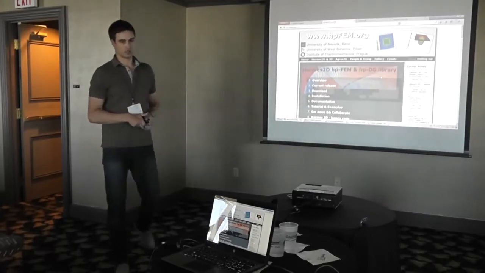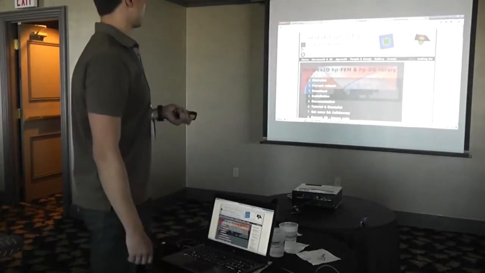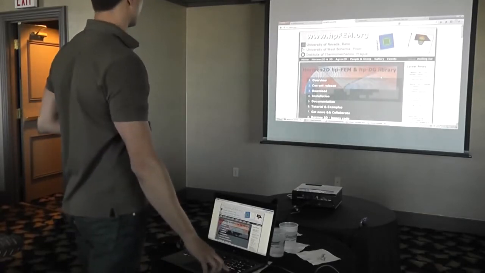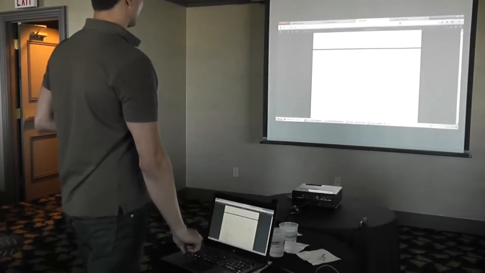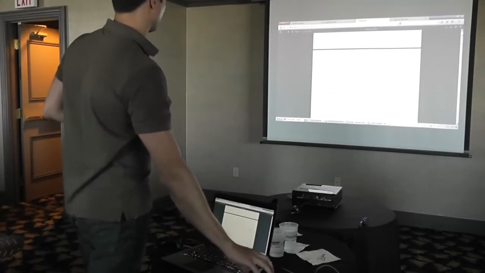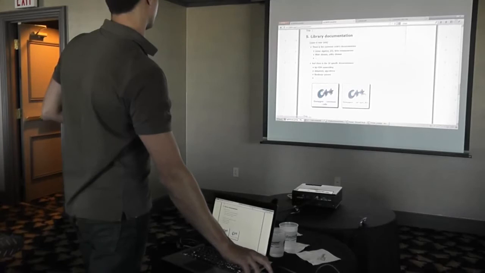So this is a web page where you can find anything you are looking for, including the mailing list email address, if you have any more questions you don't find here. But we'll just quickly skip through some documentation we have. We have all kinds of documentation. We have a Doxygen documentation.